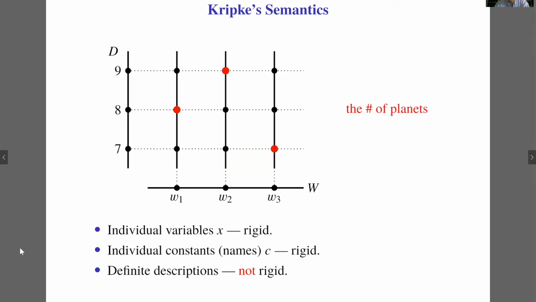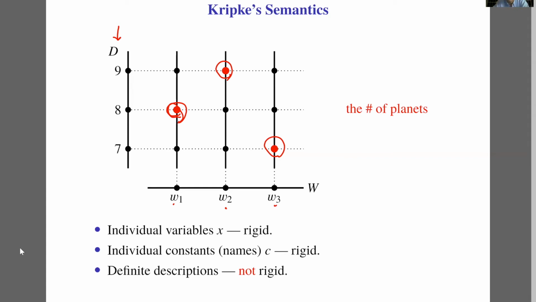When you say "the number of planets," this expression does not pick up a thing from the domain; rather, for each world it picks up one thing.